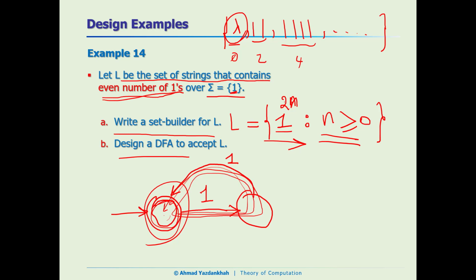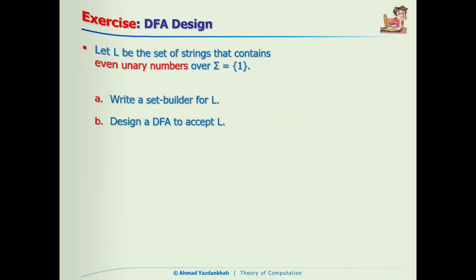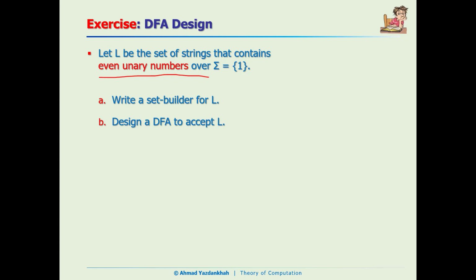Based on this knowledge that we got so far, I put some exercises for you. So here we have even unary numbers. What is the difference between this and the previous slide? Unary numbers, remember, do not have lambda. They start from 11, and 1111, and so forth.